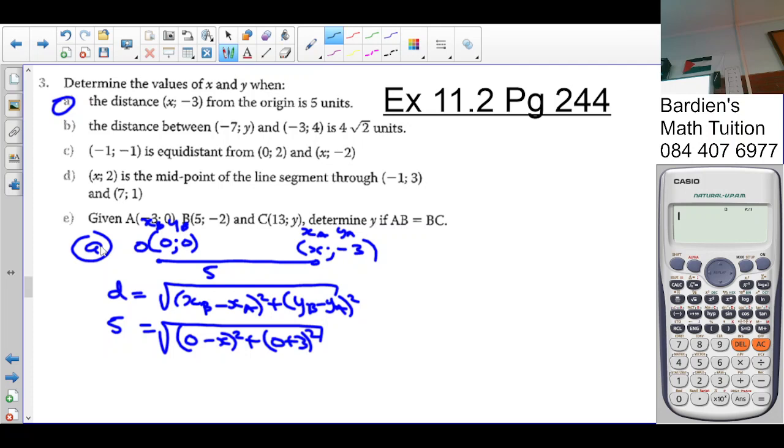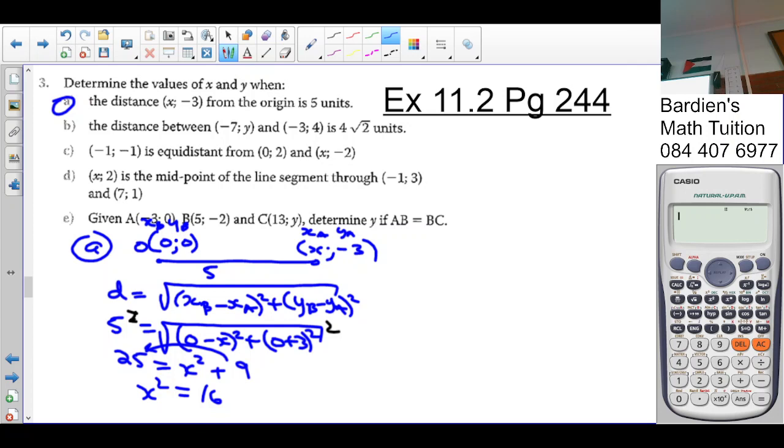So to get rid of the square root, I'm going to square both sides. So that's going to give us 25 is equal to x minus 0 squared, which is x squared. 3 squared is 9. You take it over, becomes negative 9. Not so? So x squared is equal to 25 minus 9, which is 16. So what do I do now?